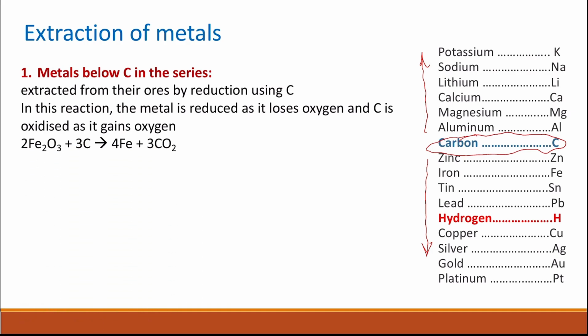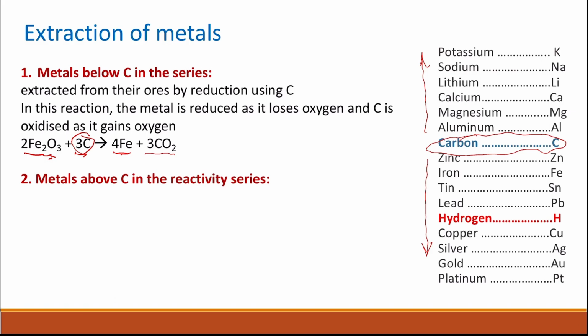As an example, if we have iron oxide, Fe2O3, one of the iron ores, plus carbon, that will give you iron and carbon dioxide. Iron was reduced in this reaction because the iron lost the oxygen, and the carbon was oxidized as it gained oxygen.